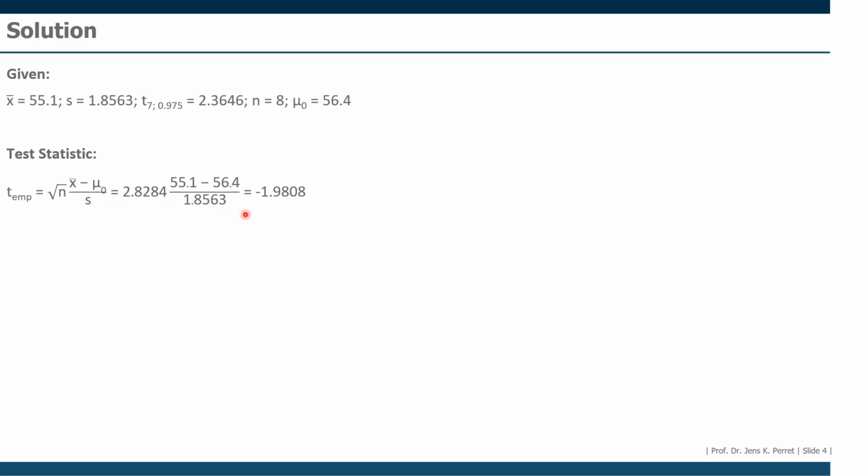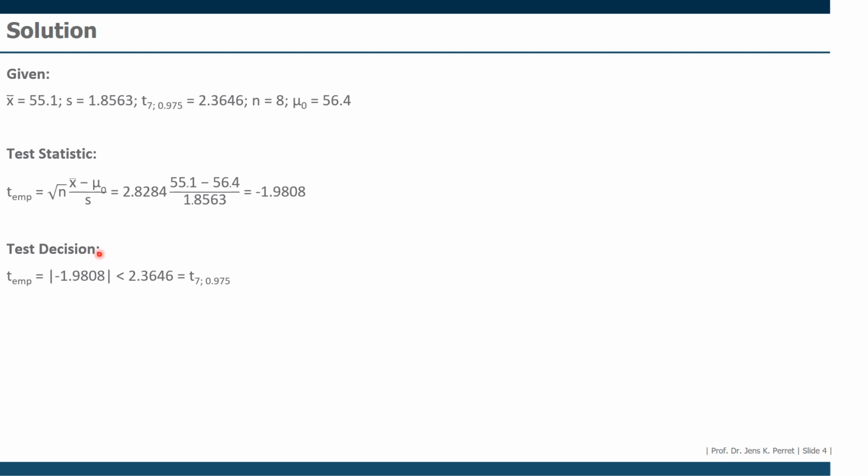If we calculate this, we get as a result minus 1.9808. The minus actually doesn't matter because in the next step we're going to consider only the absolute value thereof. So we're basically getting rid of the minus. That's in the test decision to do.